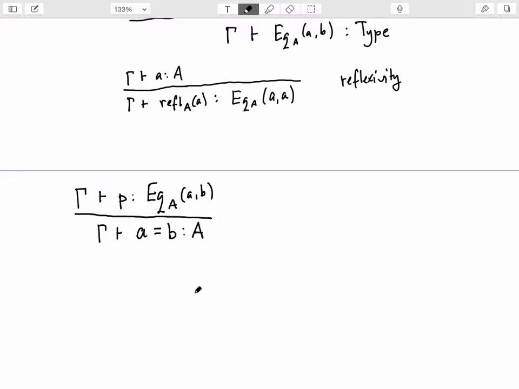This was part of the original Martin-Löf type theory, this rule. But it destroys very many nice properties of the type system, and we are going to look at how and what gets destroyed a little bit.